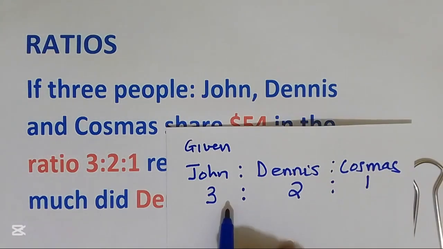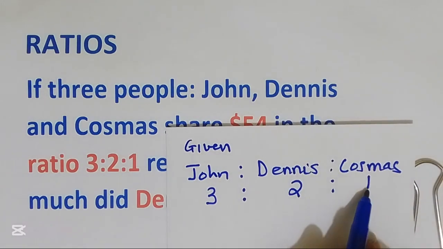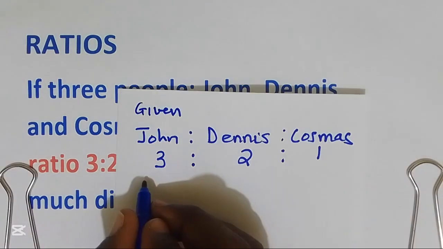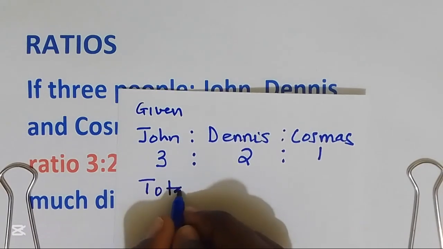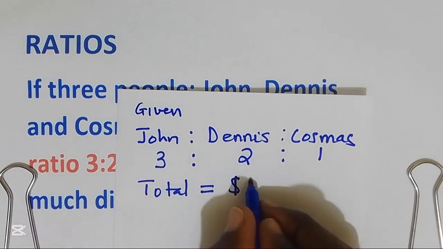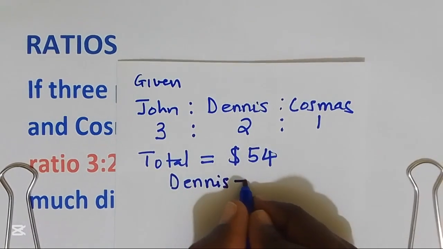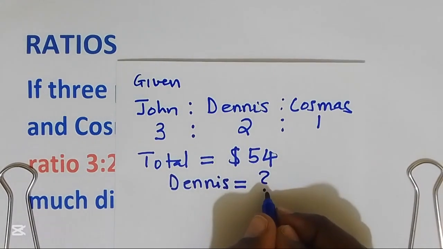This means that John has a ratio of 3, Dennis has a ratio of 2, and Cosmas has a ratio of 1. The total amount they share is equal to $54. Dennis got what amount?